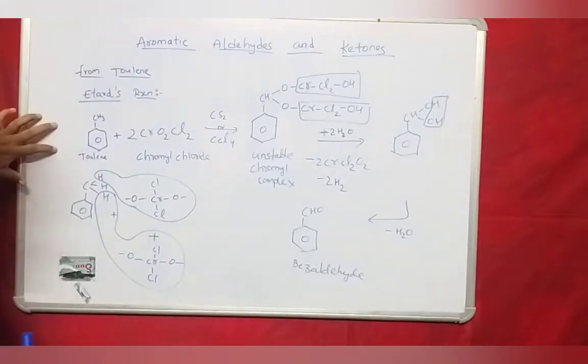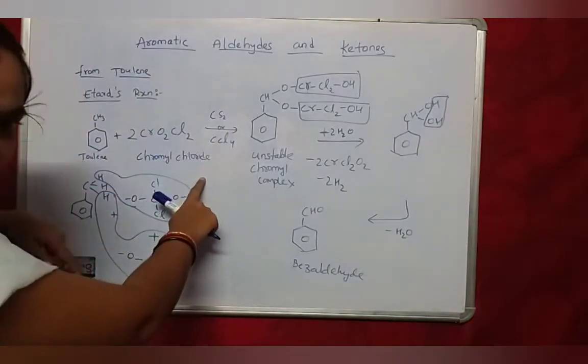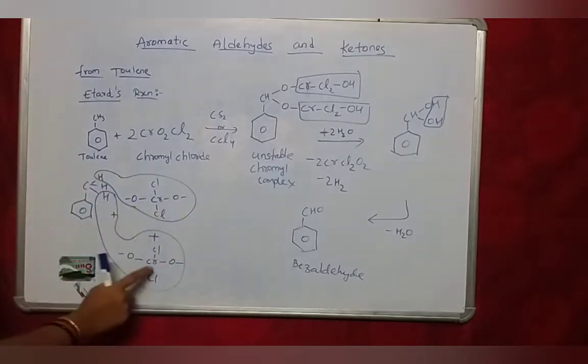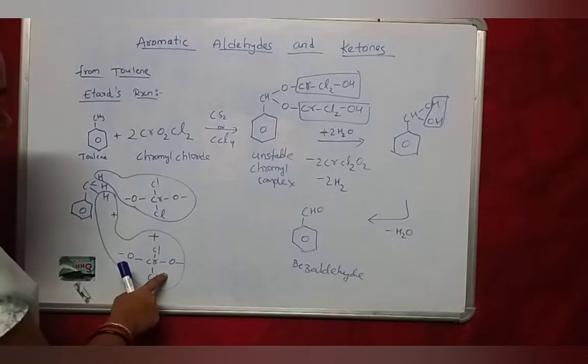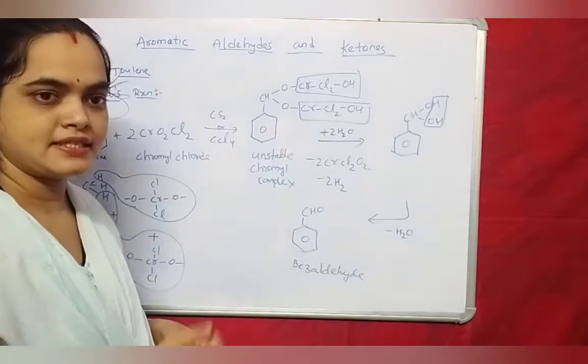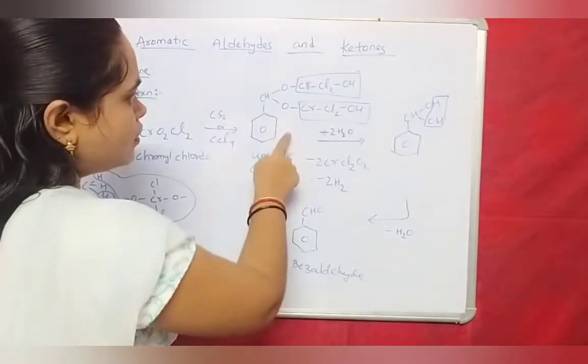See, when toluene is treated with two molecules of chromyl chloride, one hydrogen with one chromyl chloride, another hydrogen atom with another chromyl chloride molecule, it forms an unstable chromyl complex which decomposes with water.